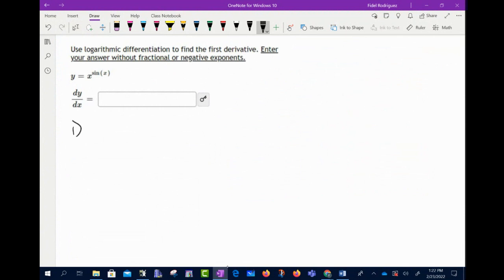So number 1 is actually already done for us, y'all. It's already in the form y equals. Okay. Remember, step number 2, we're going to take the logarithm on both sides.